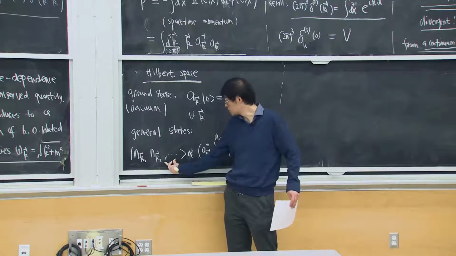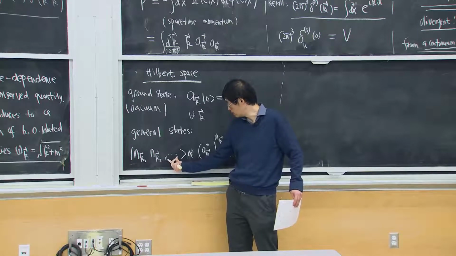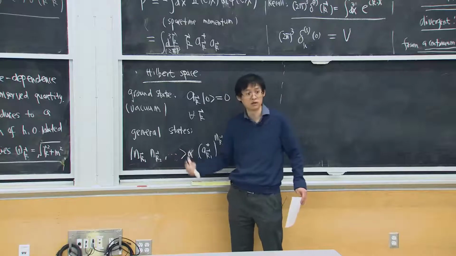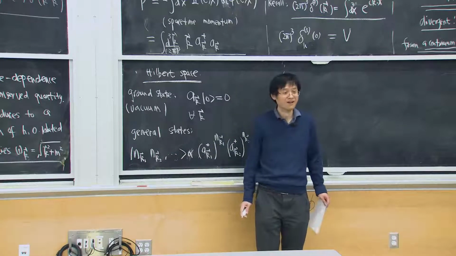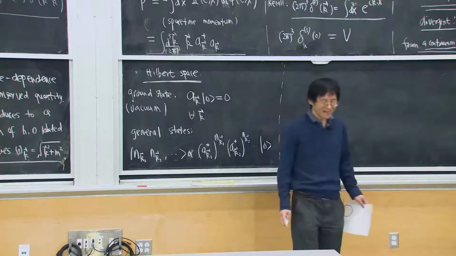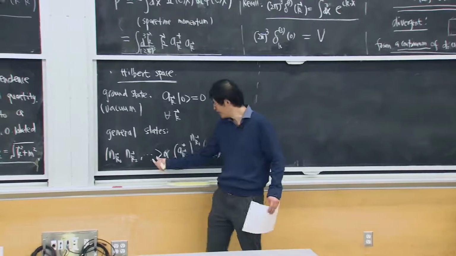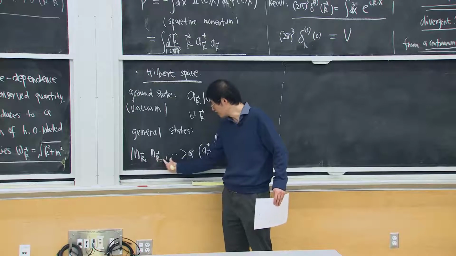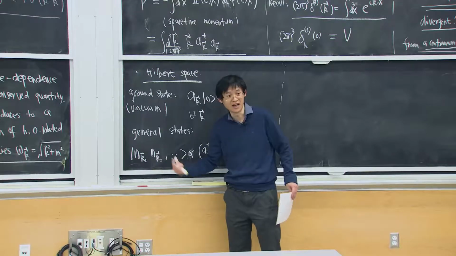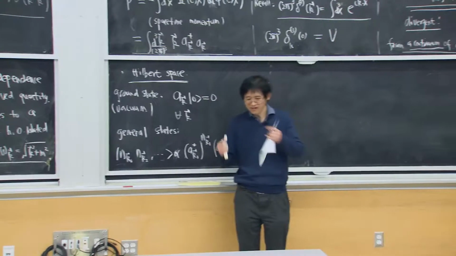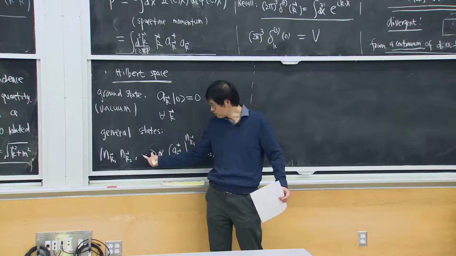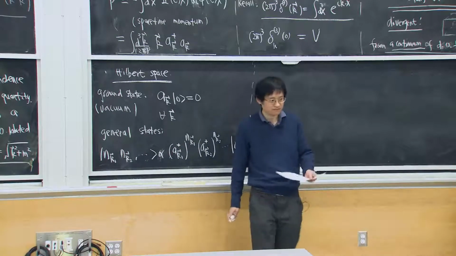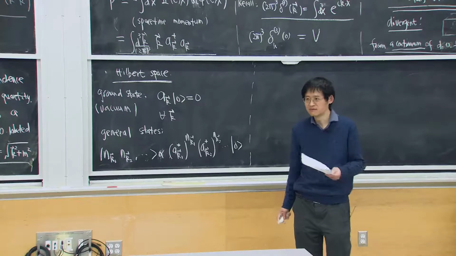That's right. When I write it this way, it implies I only excite a countable number of them. But in principle, we will soon touch a point which is related to your question. Other questions?